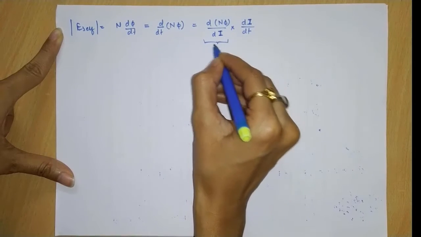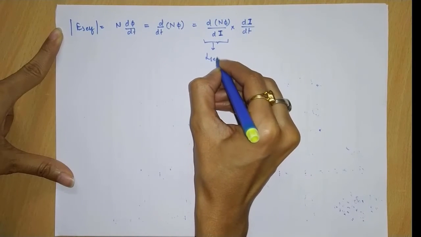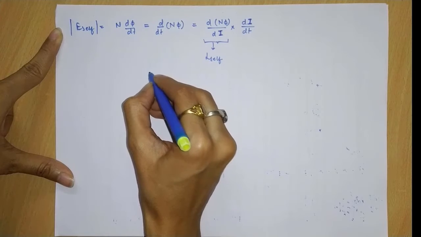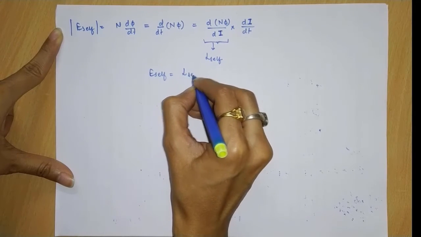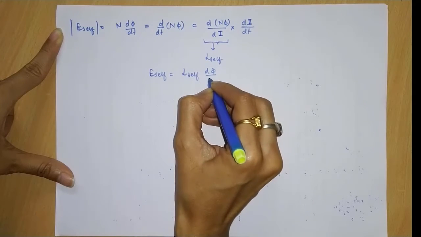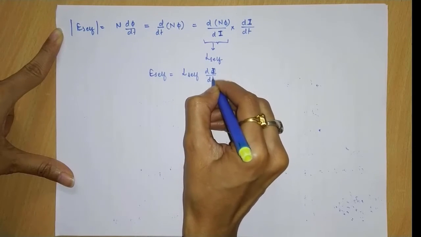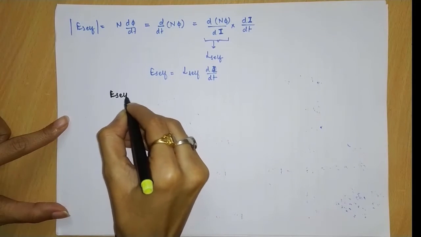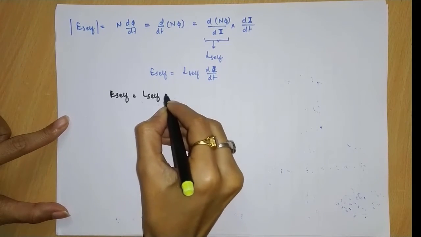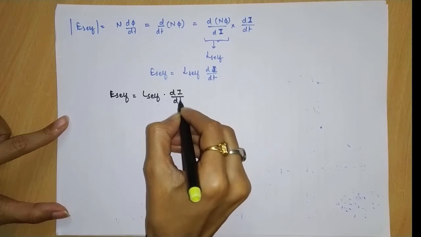This is termed as self-inductance, the coefficient of self-inductance. Therefore, E self is equal to L self into dφ/dt, so E self can be written as L self into di/dt.